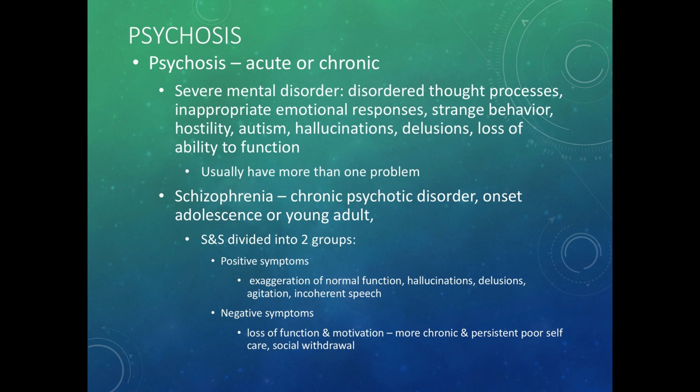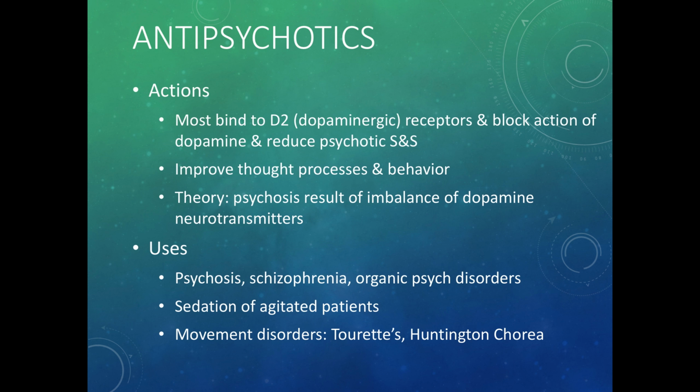So positive symptoms: exaggeration of normal function, hallucinations, delusions, incoherent speech, agitation, becoming very excitable. Whereas the negative symptoms then will be more chronic and persistent: lack of self-care, social withdrawal, loss of motivation, functional limitations. It's a very difficult diagnosis, schizophrenia. I wouldn't wish it on my worst enemy. It's difficult to treat, and the medications are not easy to take.